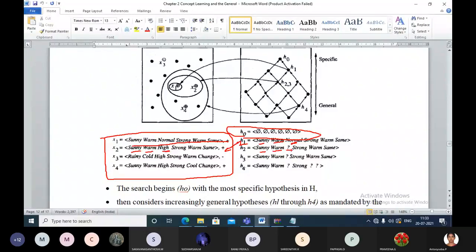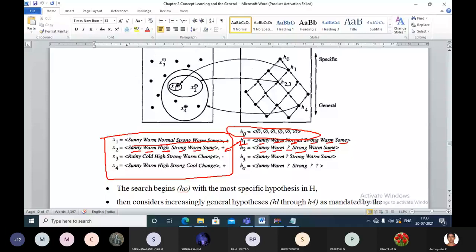Then considering the fourth attribute, it is strong, both have the same value. Again, warm, use the same attribute value. And the last attribute value is the same in both the hypothesis and the new data instance, so you use the same value in your upcoming hypothesis H2.